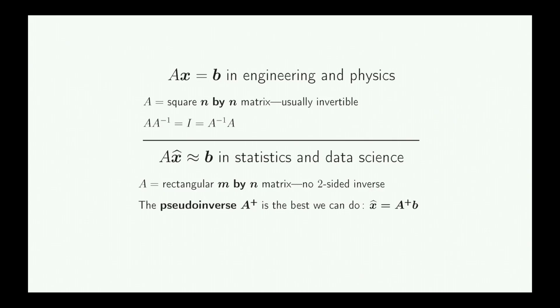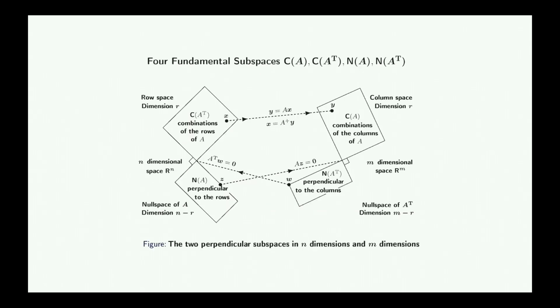The rectangular matrix couldn't have an inverse on both sides, because on one side you put m by n, m by m, and on the other side n by n. It can't be the same. But there is something called the pseudo-inverse. That's a little advanced, but you'll see what it's about. So we're in the data science world.